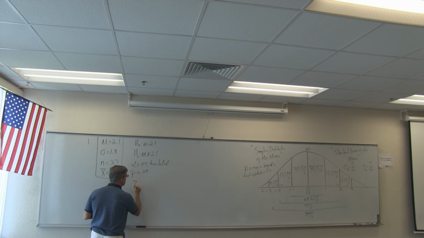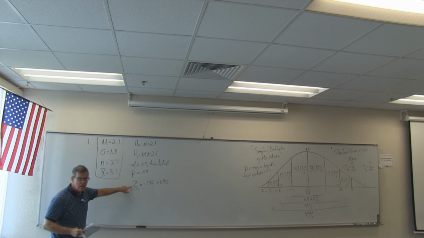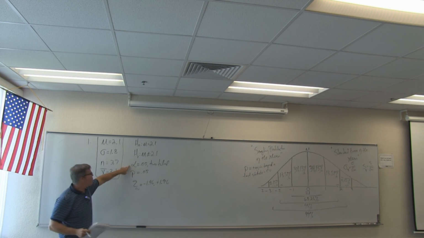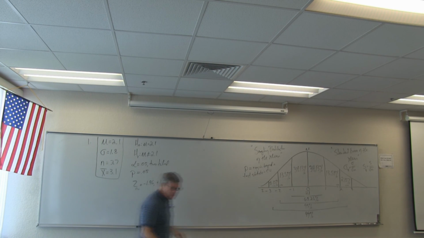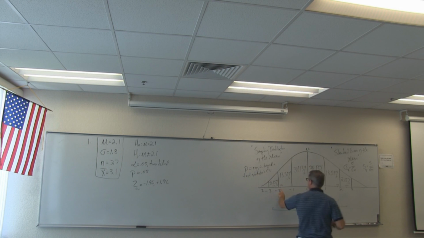Our z critical values, again, negative and positive 1.96, and it is of utmost importance that we know why this is so. We have an alpha of 0.05, therefore a p of 0.05, and we're running a two-tailed test. These are our cutoff points. The needles are right here.